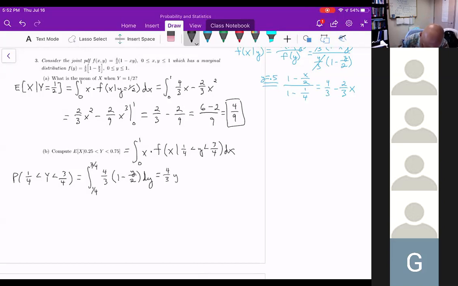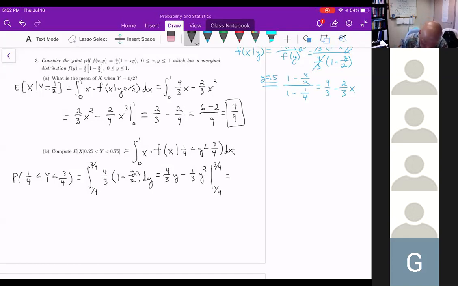This gives 4/3 y minus, let's see, that's going to be 2/3 y squared over 2, which is 1/3 y squared. I'm just making sure I didn't rush that too much. And we're evaluating y from 1/4 up to 3/4.